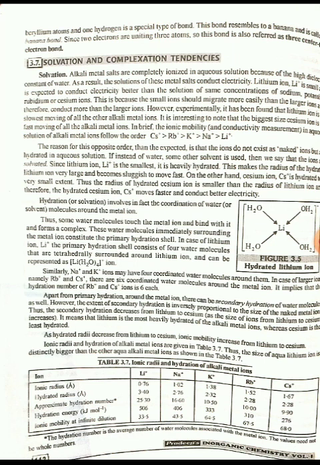Approximate hydration number: Li+ 25.30, Na+ 16.60, K+ 10.50, Rb+ 10, Cs+ 9.90. Hydration energy in kilojoules per mole: Li+ 506, Na+ 406, K+ 333, Rb+ 310, Cs+ 276.